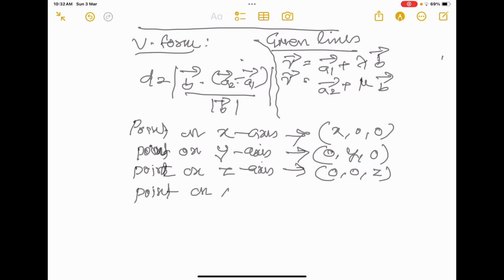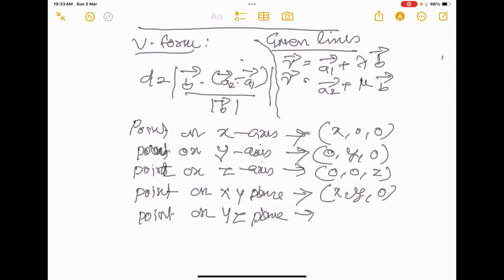Point on xy plane is x, y, 0. And a point on yz plane, here no x, so 0, y, z.